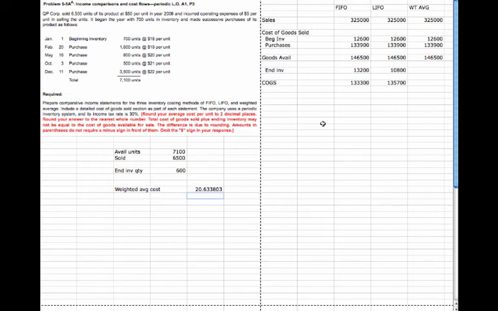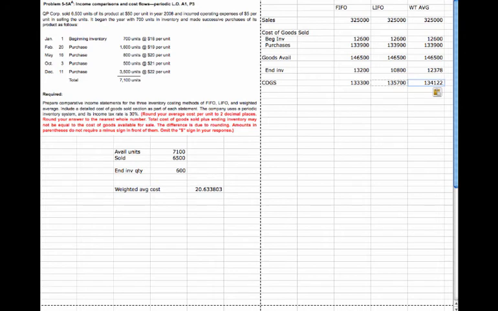So once again, for my ending inventory, I've got 600 items left over times my cost of $20.63. So I'm going to get $12,378 as my ending inventory.